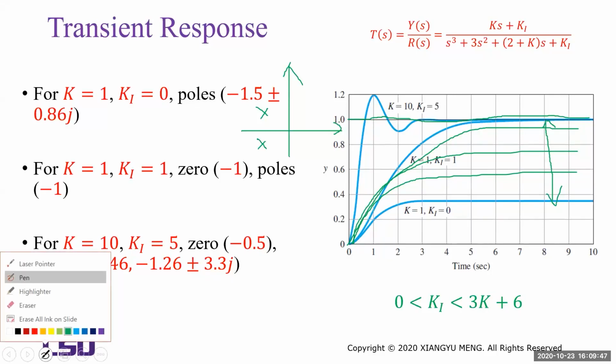Later we will learn that using k alone, proportional control, it's not possible to make the tracking error be 0, no matter how large the k is. We can make a very large k to reduce the tracking error, but this error will not be 0.